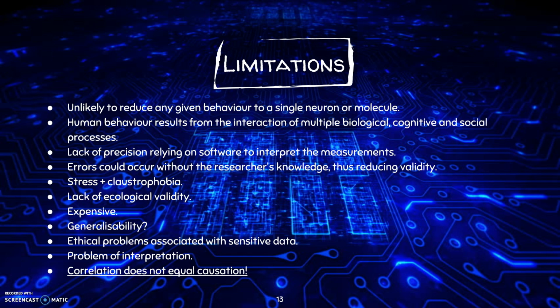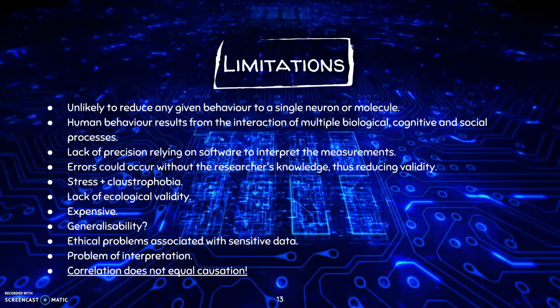Simply, there's a lack of precision relying on software to interpret the measurements. Errors could occur without the researcher's knowledge, and that reduces validity. Many of these also cause stress and claustrophobia, and there's a lack of ecological validity in the studies. Also, since these techniques are expensive, it reduces the total number of participants and the likelihood of replication.